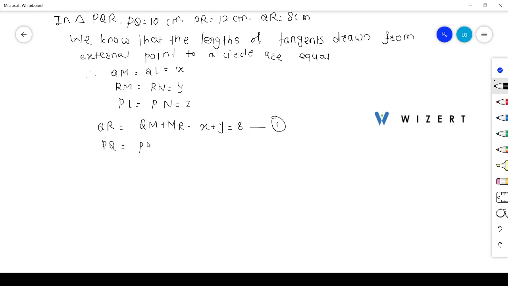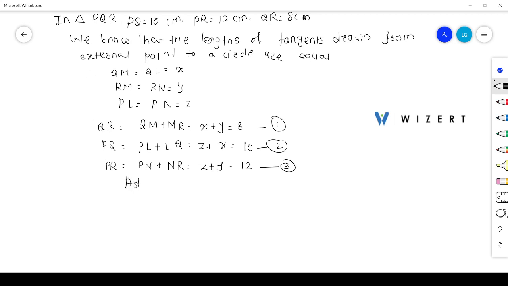PQ equals PL plus LQ, that is Z plus X, and it is given as 10 centimeters. And PR equals PN plus NR, that is Z plus Y, it is 12 centimeters.